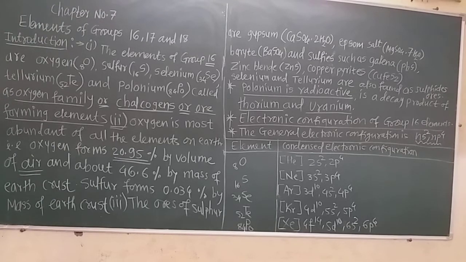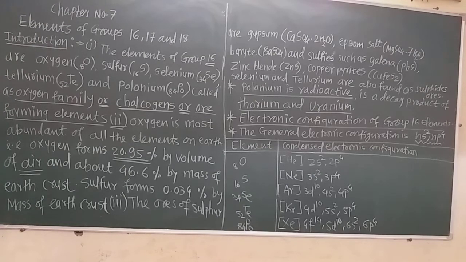You know the earth crust. And this is totally about half of the mass of the earth crust. See, 46.6% means about half of the earth crust is covered by oxygen. And sulfur is only 0.34%, which is very little in the earth crust, because sulfur is not a gas in air.